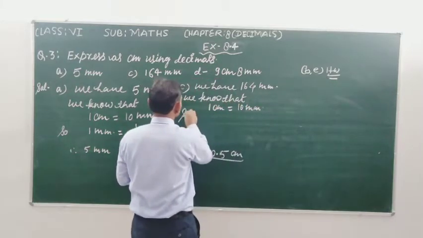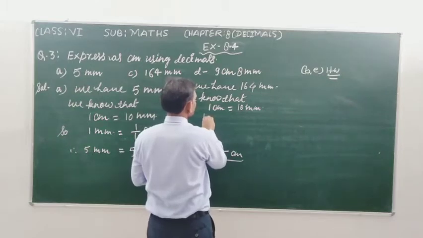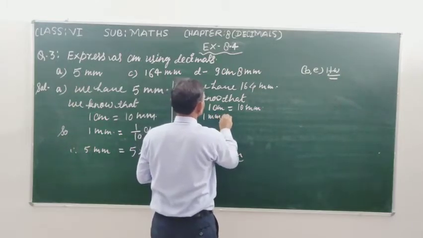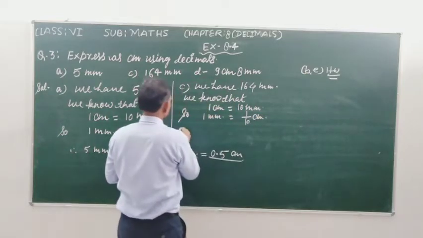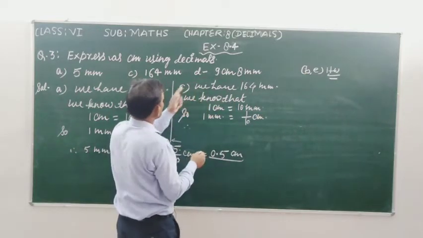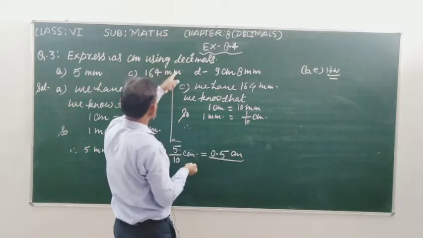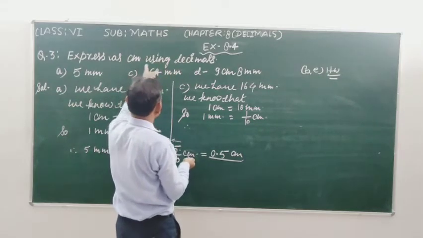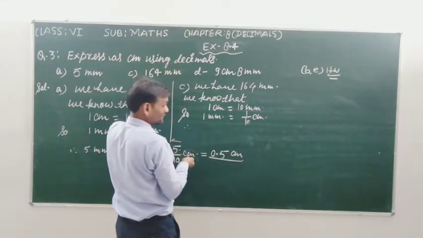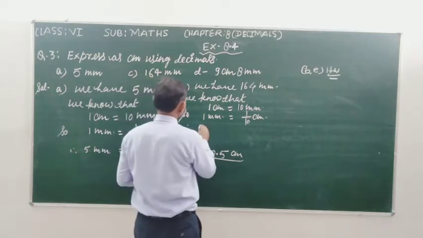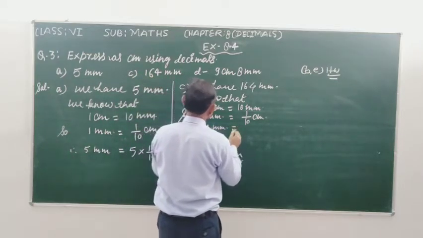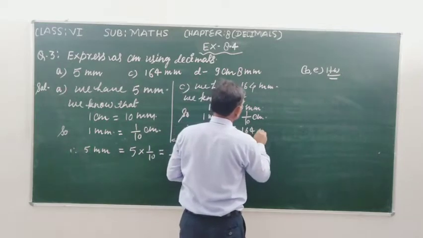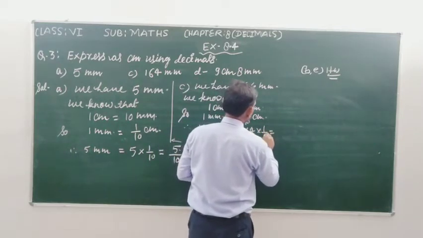So 1 millimeter is equal to 1 upon 10 centimeter. We need to tell in 164 millimeter how many centimeter. So 164 millimeter is equal to 164 into 1 upon 10.